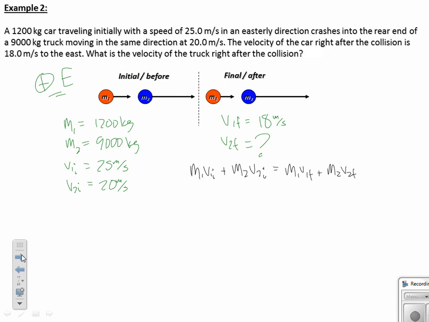We're looking for V2 final, so that's a lot of plugging in: M1 V1 initial plus M2 V2 initial minus M1 V1 final, that would be M2 V2 final. I'll let you do that on your own, but you should see that the truck speeds up a little bit.